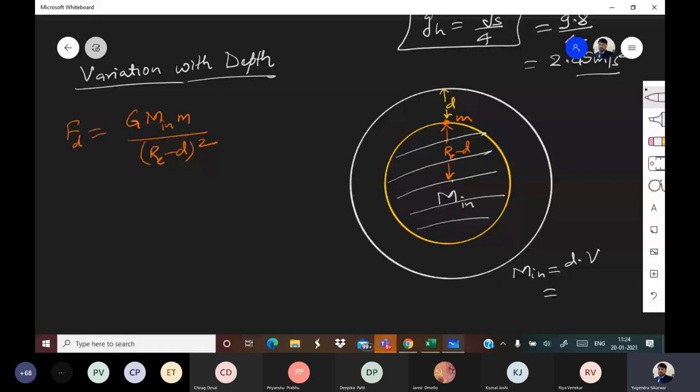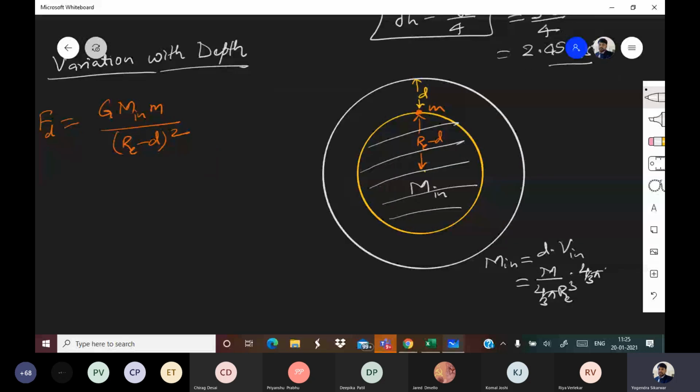Density of Earth is the mass of the total Earth upon the volume of Earth, 4 by 3 pi R_E cubed, into the volume inside, 4 by 3 pi (R_E minus d) whole cube. When you cancel 4 by 3 pi, M_in comes out to be M upon R_E cube into (R_E minus d) cube.